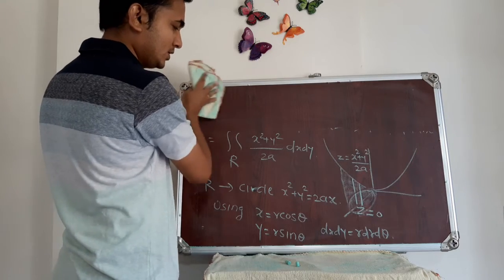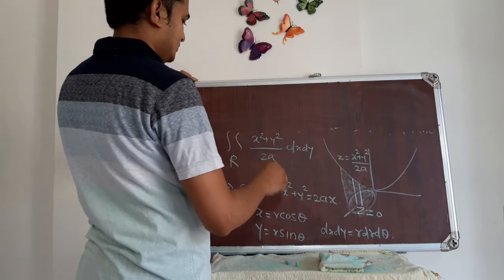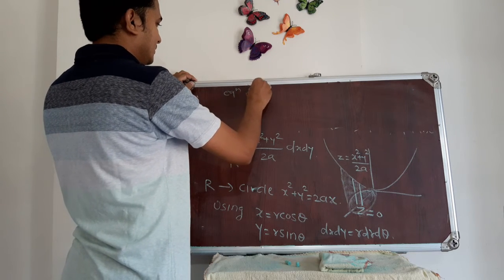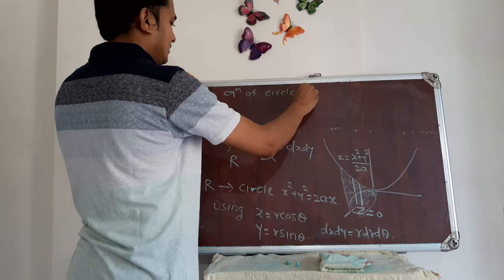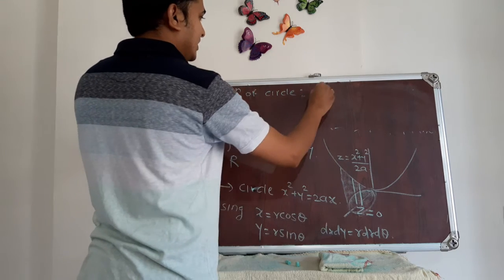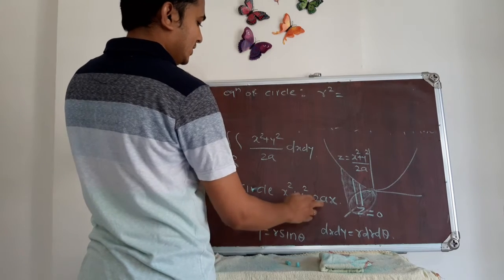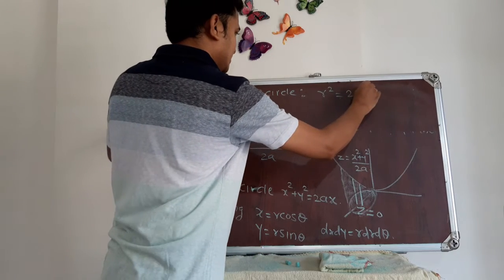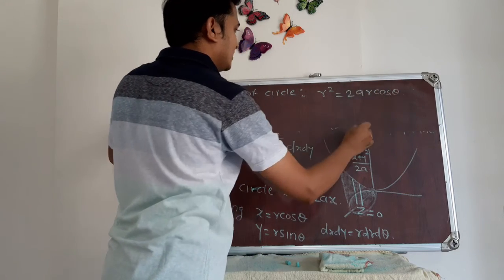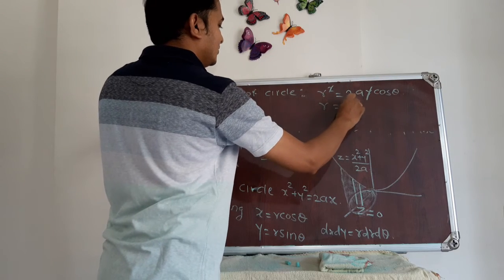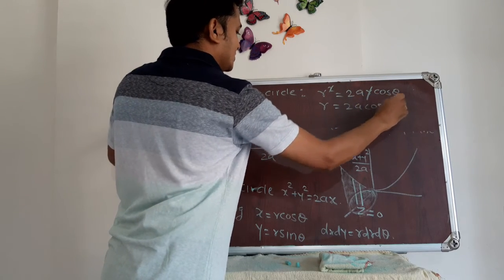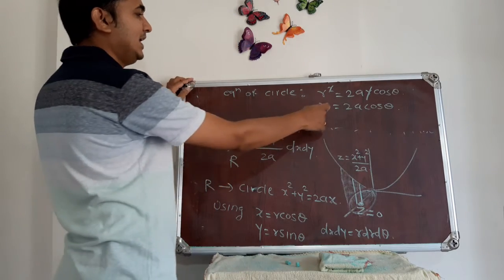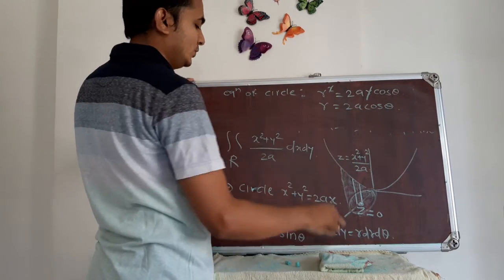The equation of the circle, x² + y², becomes r² = 2ax, so 2ax is 2a r cos θ. When r gets cancelled, r = 2a cos θ. So for this circle, the limits of r are from 0 to 2a cos θ.